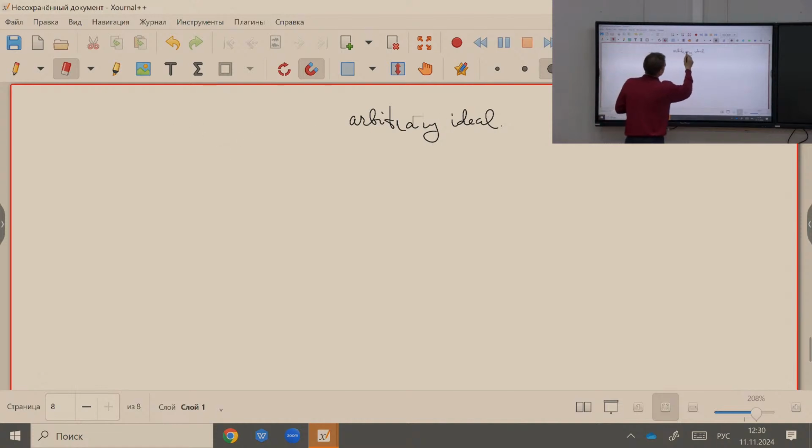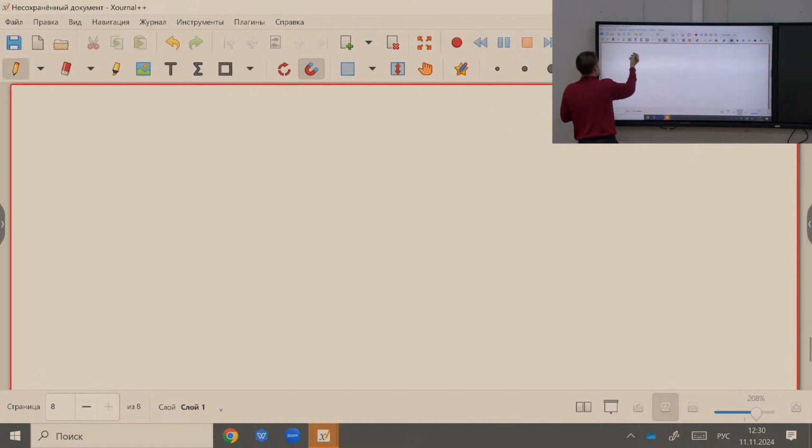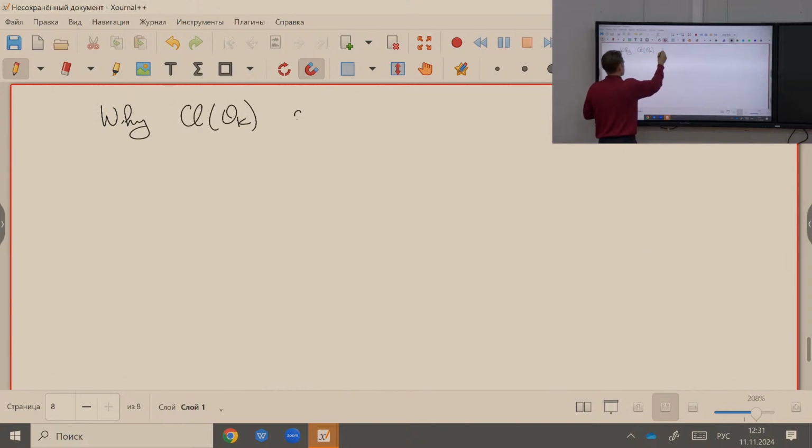How are we going to prove the theorem, that the class group is finite? Why should the class group of O_K be finite?